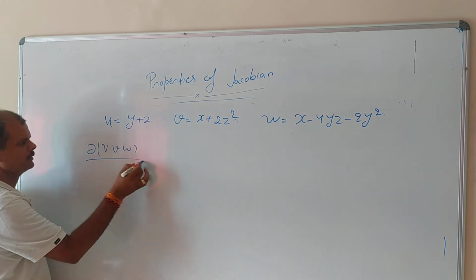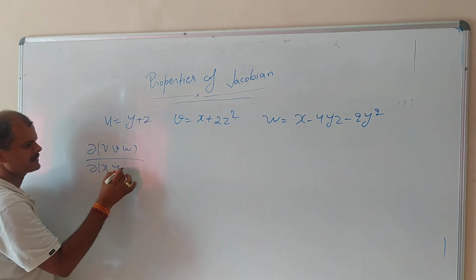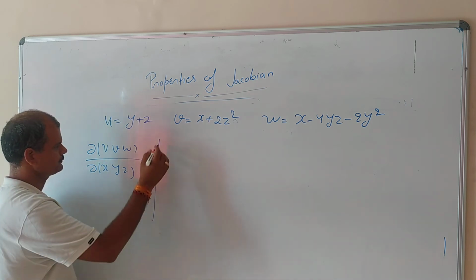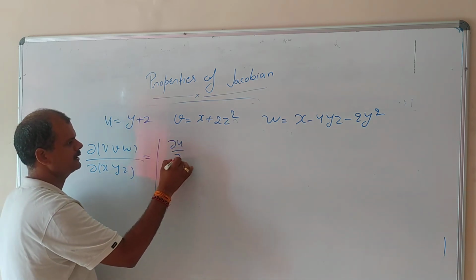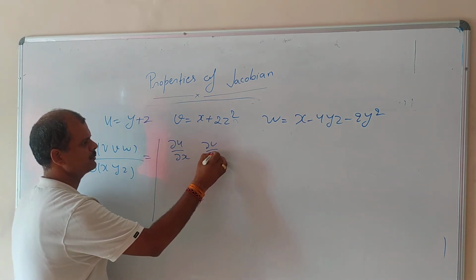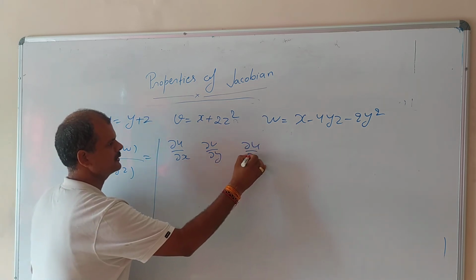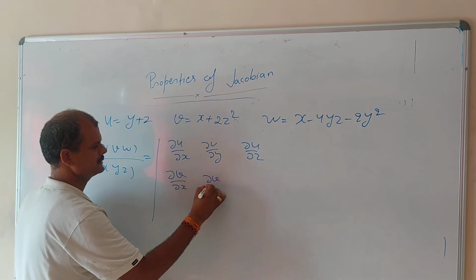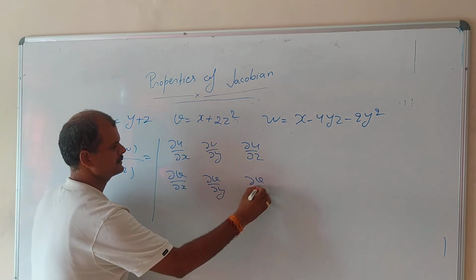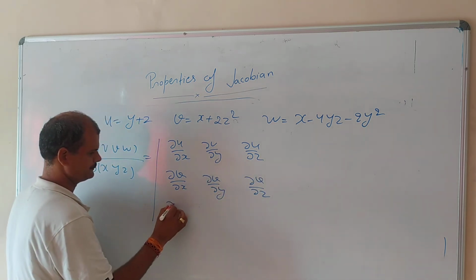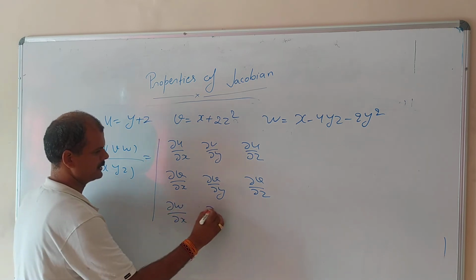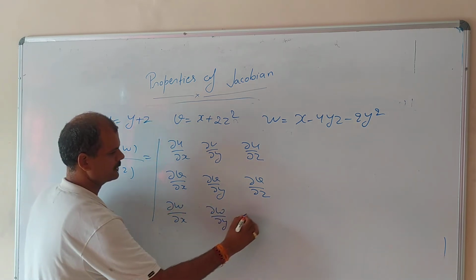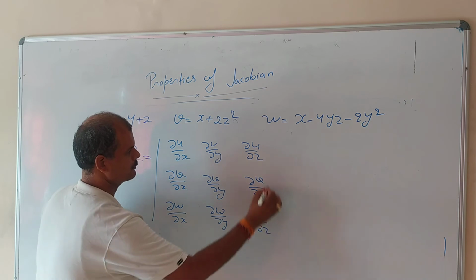Jacobian of u, v, w with respect to x, y, z equals del u by del x, del u by del y, del u by del z, del v by del x, del v by del y, del v by del z, del w by del x, del w by del y, del w by del z.